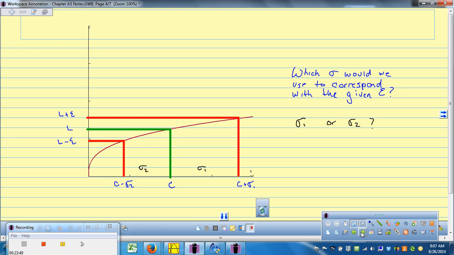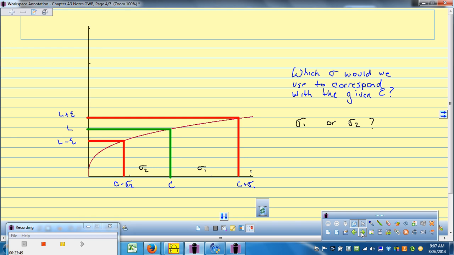All right, so here I took the cube root of x, okay? And here is my c, so the limit as x approaches c is equal to L, and that's what we're trying to show is true using the definition. All right, so I did my L plus epsilon and my L minus epsilon. I go over to my function and come down.